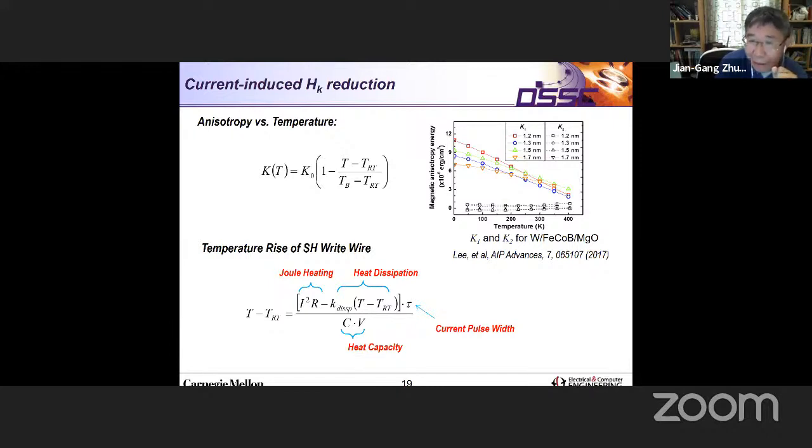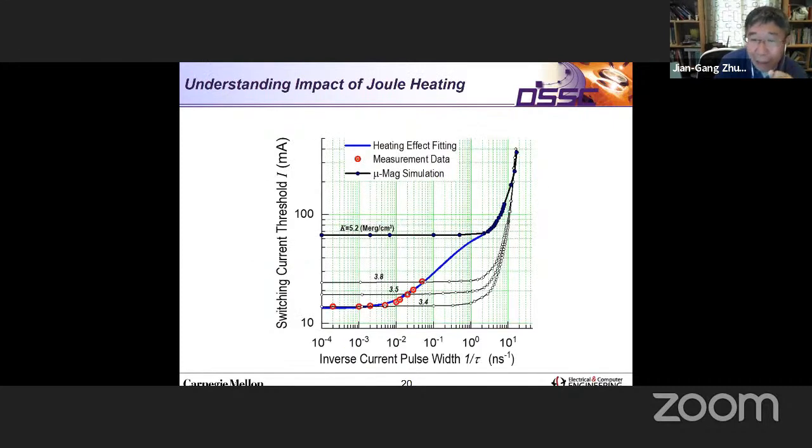So if you take this into account and try to fit the experimental results, you find that if you lower the anisotropy of the MTJ free layer and redo this micromagnetic simulation, that gives the curves, and you can see the open circles plotted in here. So what we think is that in all these spin Hall measurements, the thermal effect actually dominates, and it's hardly possible to measure the intrinsic switching.